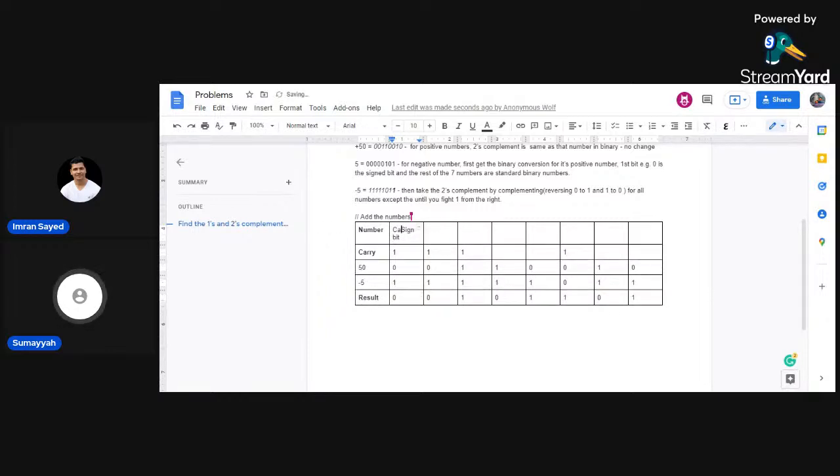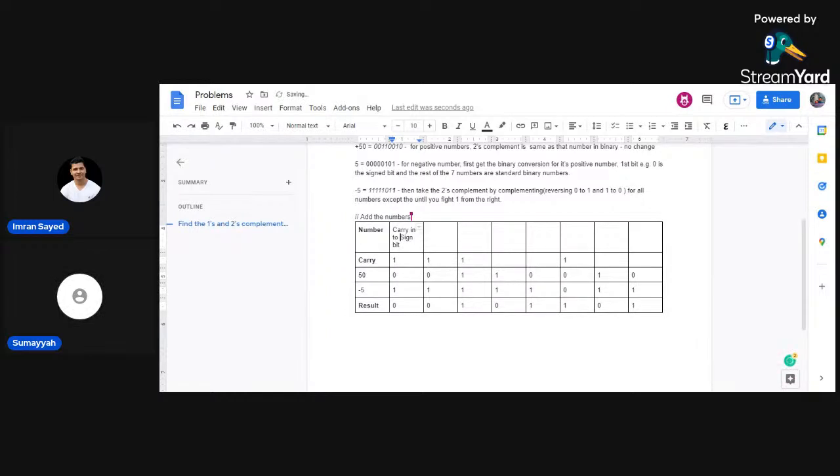So the carry that comes in the sign bit column is carry into sign bit, and we also have a carry out of sign bit, which I should have put another column for. If there is both carry into sign bit and carry out of sign bit, the result is valid. There is no overflow. If there is only one of them, then there is overflow and the result is wrong.